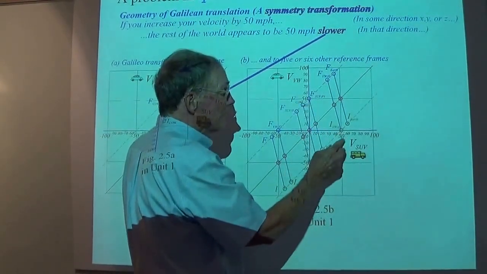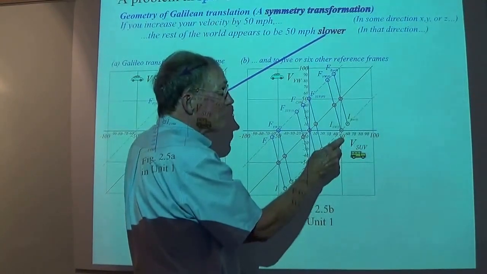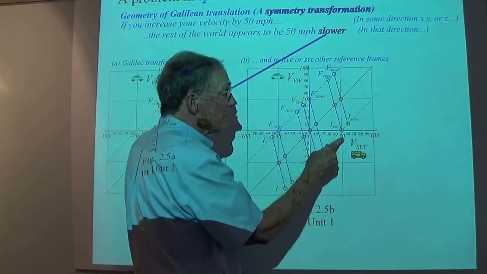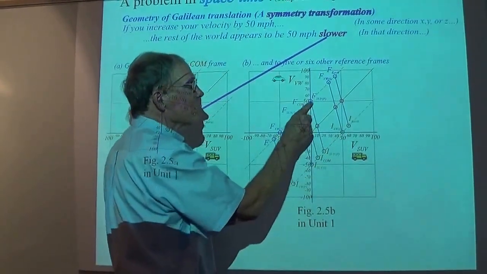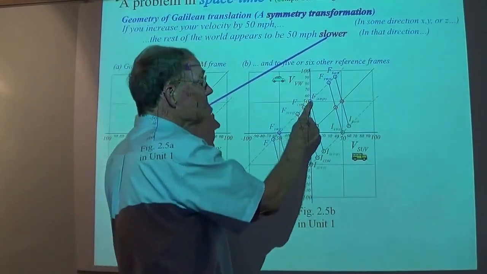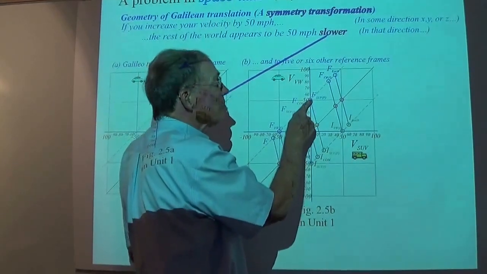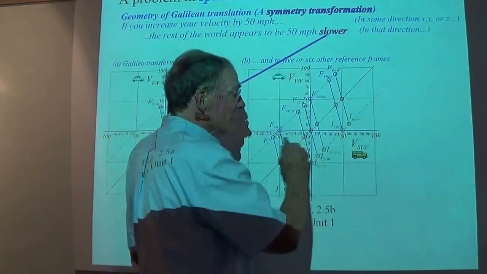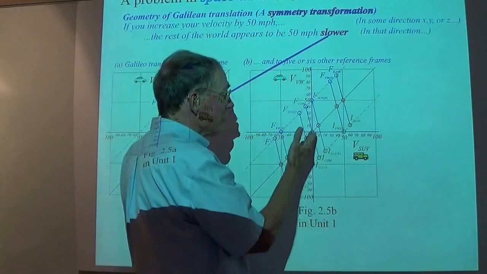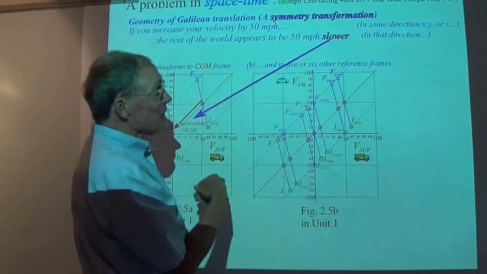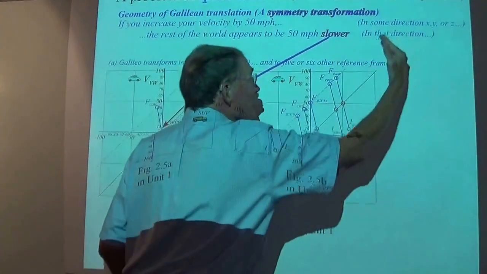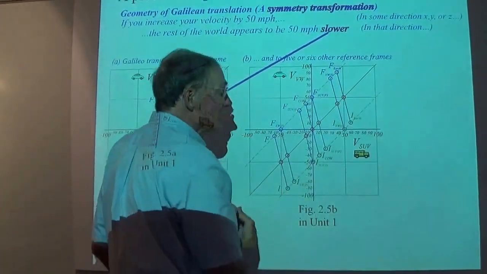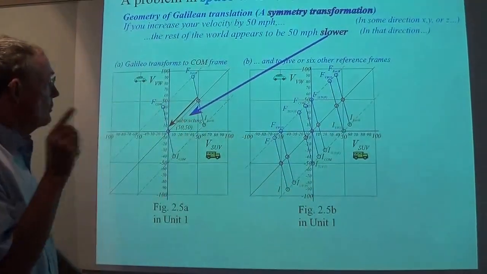The SUV is now only 50 miles an hour, took 10 off. Then I come down a little bit further here, I've got a frame in which the final resting place of the SUV has no velocity in this axis, and so forth. I'm just mentioning here 5 or 6 possible reference frames of an infinite number of frames that are possible for viewing just this one collision.